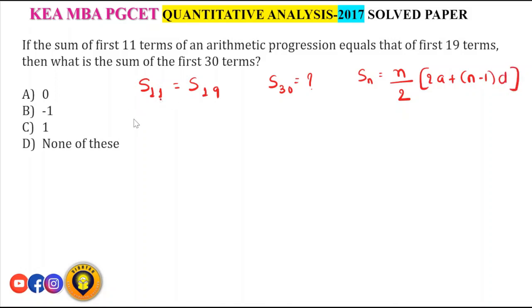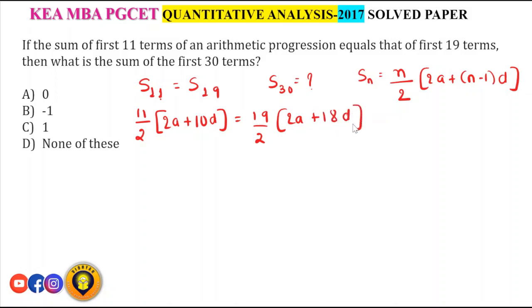Now here n value is 11. So 11 by 2 into 2a plus 11 minus 1, which is 10d, is equal to 19 by 2 into 2a plus 19 minus 1, which is 18d.